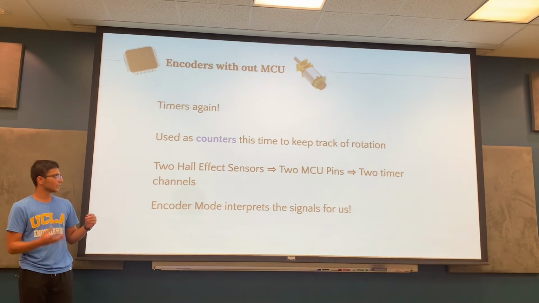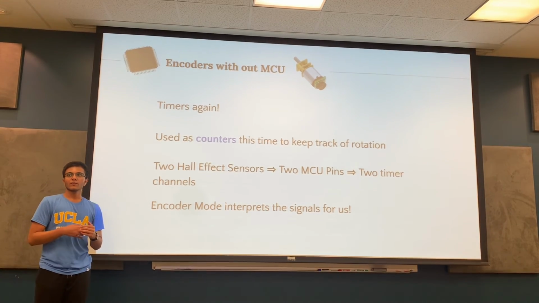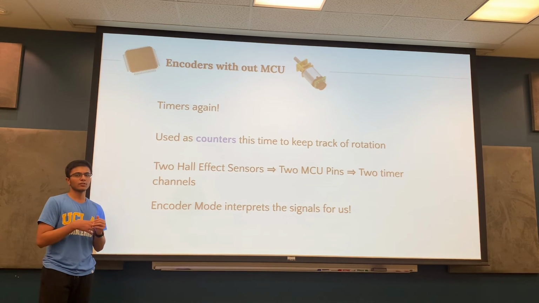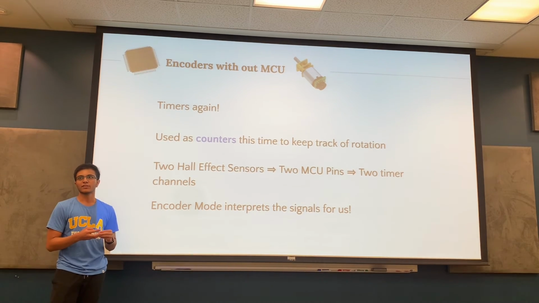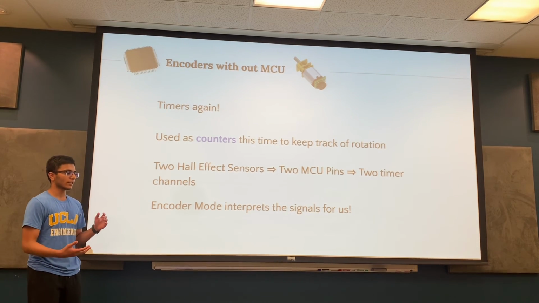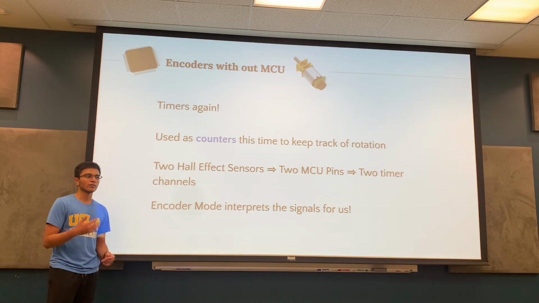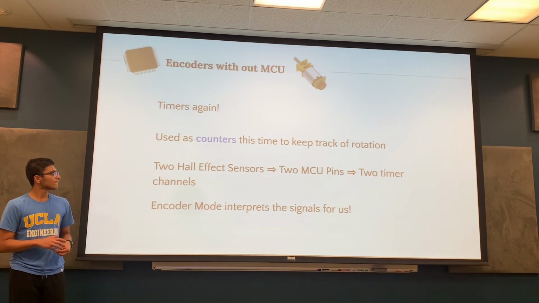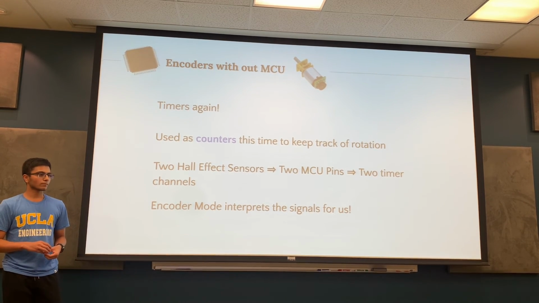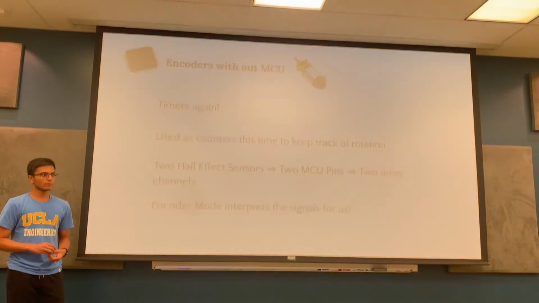In the software itself, since there are 2 Hall effect sensors per encoder, each encoder is connected to 2 timer pins on the microcontroller unit, and these pins can decode what the encoder is sending over to them. Thankfully, STM has a library for that called encoder mode, which automatically interprets those signals.